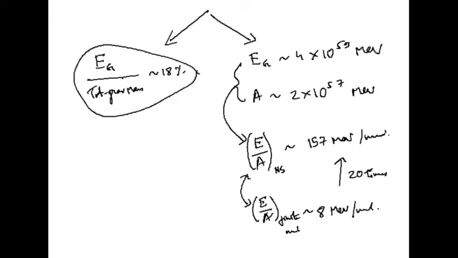Now one thing before I continue, it is very important to remember that the classical estimate of the gravitational energy is not the binding energy of the star. Why? Because it does not take into account the compression energy resisting the assembly of nucleons in a star, arising from the Fermi pressure and the short-range repulsive nuclear force.